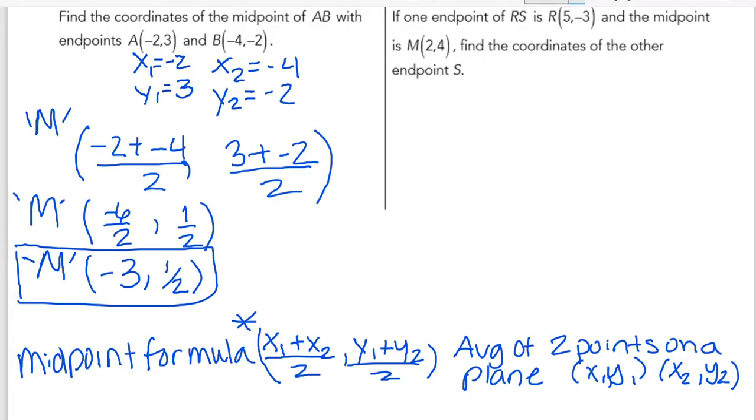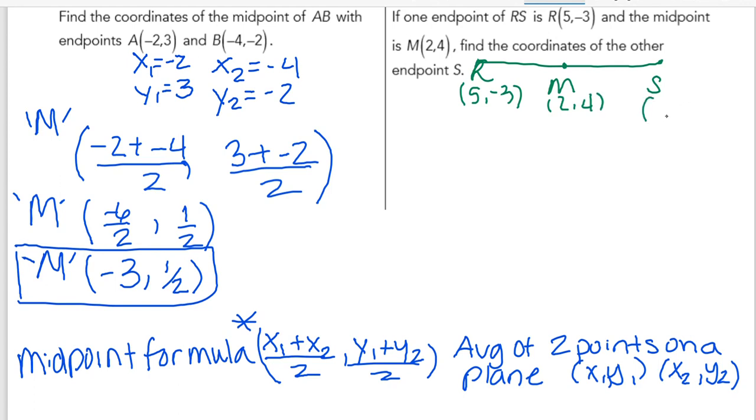If one endpoint RS is R(5, -3), and the midpoint is M(2, 4), find the coordinates of the other endpoint S. So you have R, midpoint, and S. R is 5, comma, -3. Midpoint is 2, comma, 4.